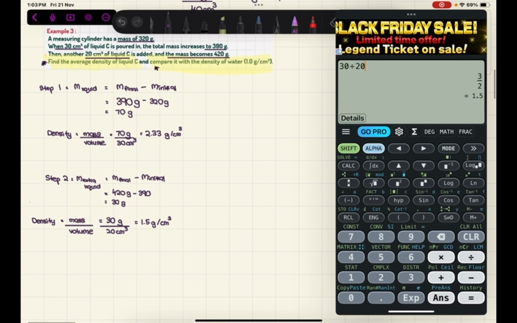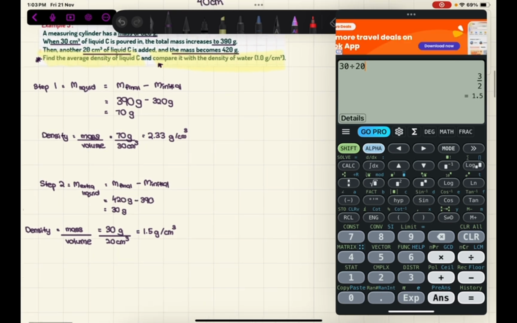So this is the density for the extra liquid. The question asks to find the average density of liquid C. So we need to take both values and find the mean, because it asks for the average density of the liquid.